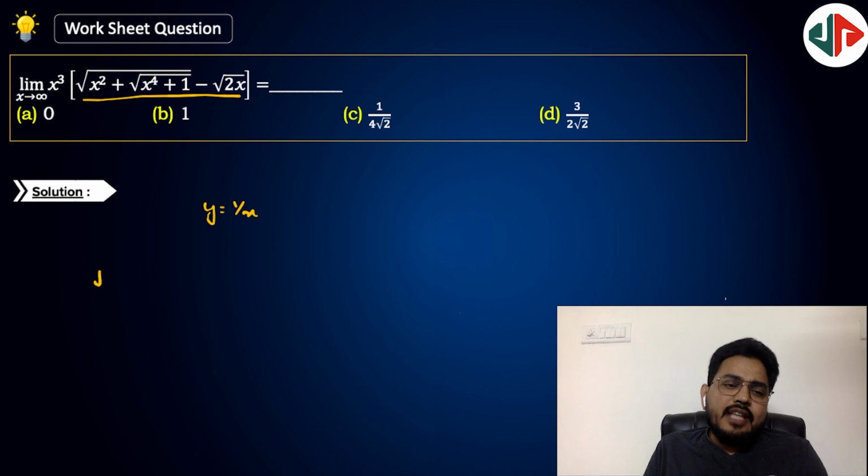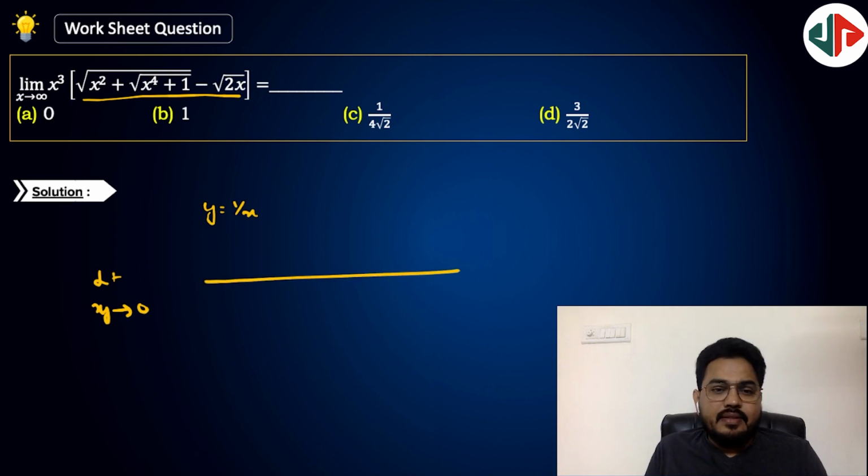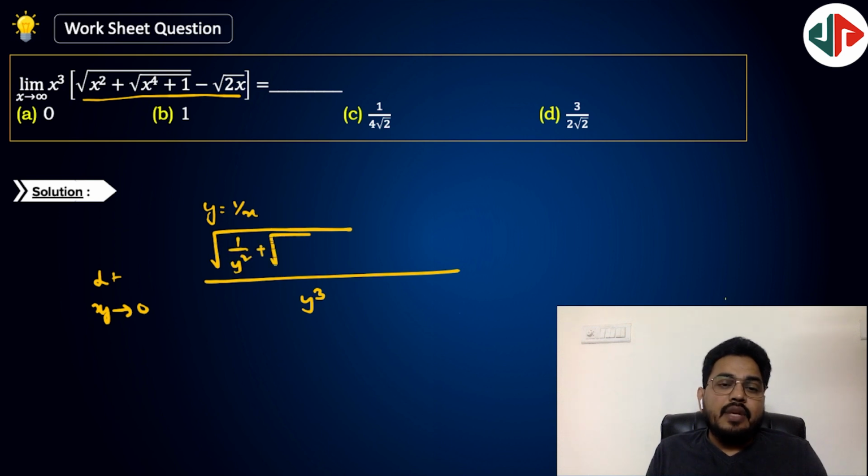So this question will be limit y tending to 0, x cube will come in the denominator as y cube, times square root of 1 by y square plus square root of 1 by y power 4 plus 1 minus square root of 2 by y.